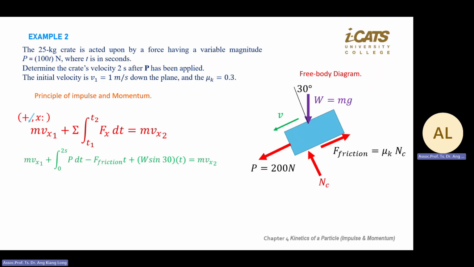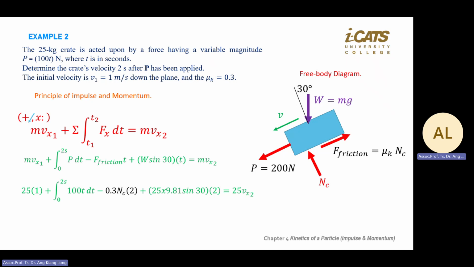Then only you expand the equation. F friction equals mu N, and then the P is 100 t. Then you do the integration part. Then only you substitute the values in the next steps.